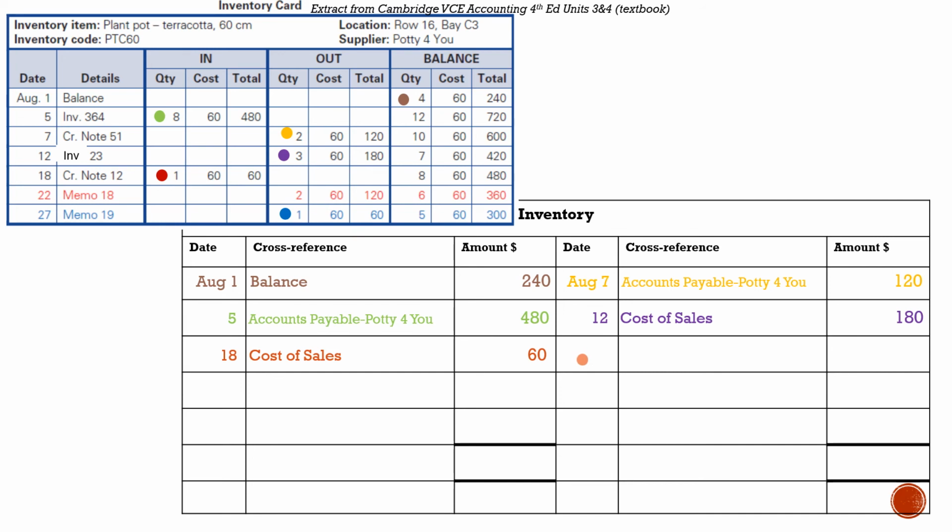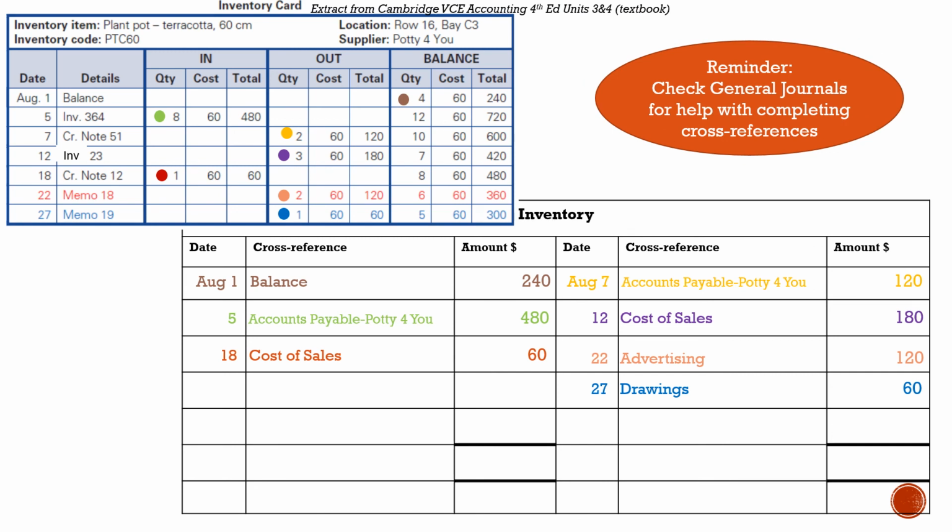On 22nd of August, 2 units of inventory were taken and used for advertising. This is recorded on the credit side with the amount $120 recorded against advertising account. And lastly, on the 27th of August, 1 unit of inventory was taken home by the owner for personal use. We record this on the credit side of the account with the amount $60 recorded against the drawings account.